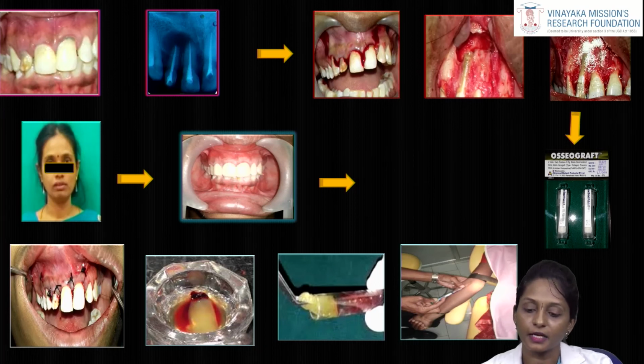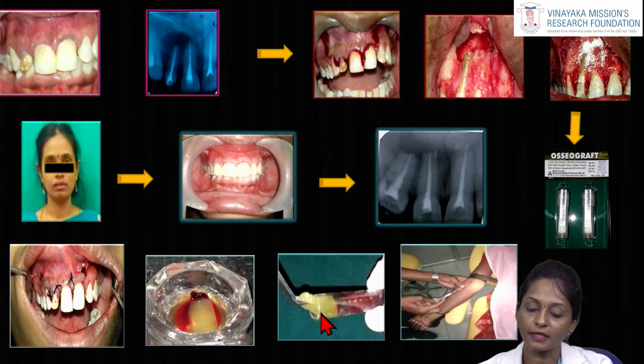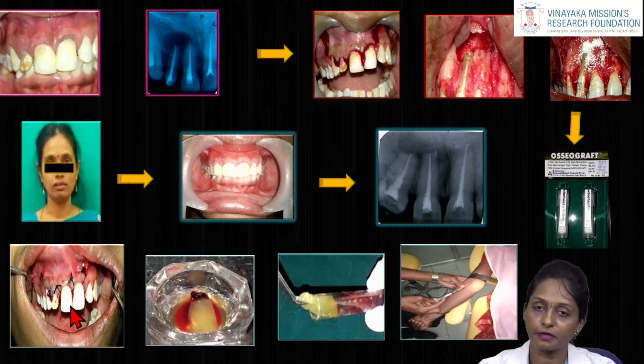Then we took PRF, which is a second generation platelet concentrate. That is, we took blood from the patient, centrifuged it in test tubes, and compressed it into a membrane like this, and then placed it over this denuded area, that is your dehiscence. Over it we placed the flap back and sutured it.